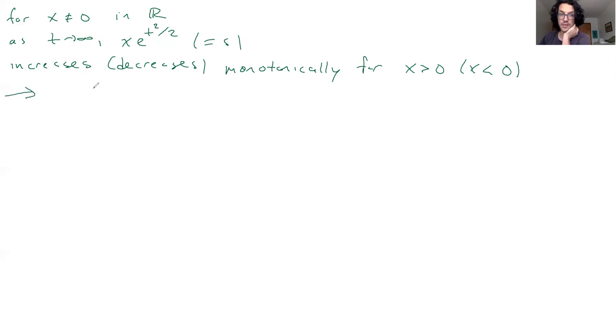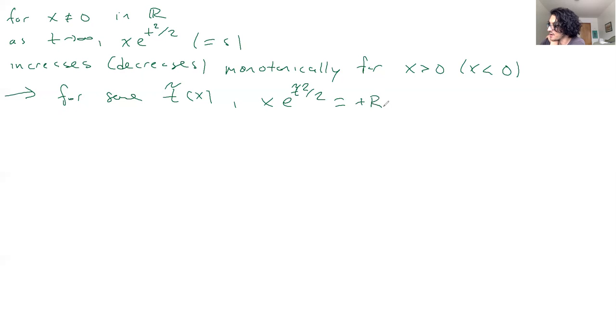And as a result, for some t tilde of x, x times e to the t tilde squared over 2 is going to equal positive r, let's say, for x initially between 0 and r.